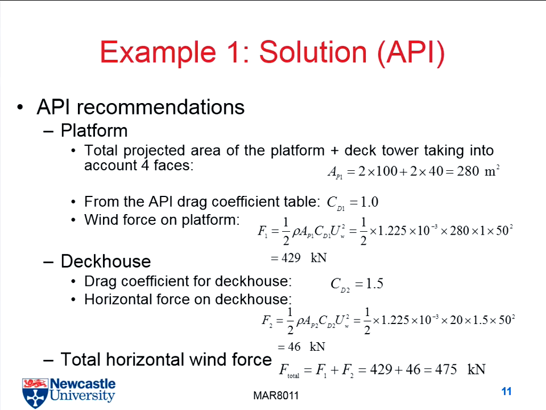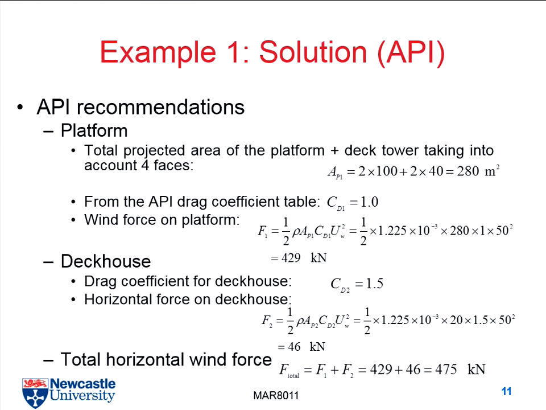But please remember that we also have a deck house on the platform, and we use another criteria. We use the constant as 1.5, and this time we calculate the area just one time, and we still use this classical estimation.